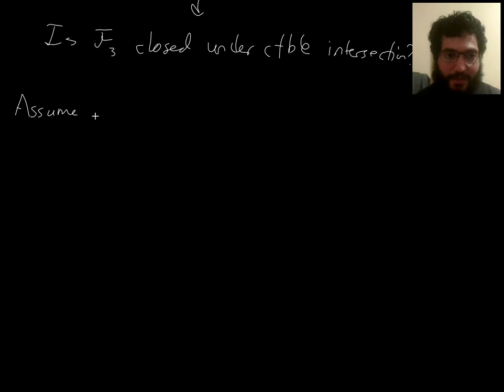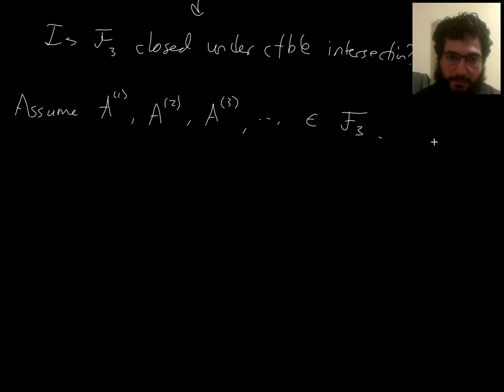Okay. Assume that I have a countable collection A1, A2, A3, etc. of things in F3. Now, let's intersect them and see if we can prove that that's something in F3.